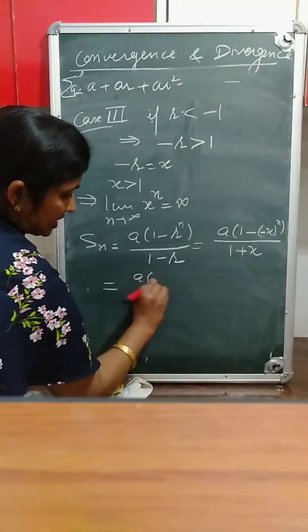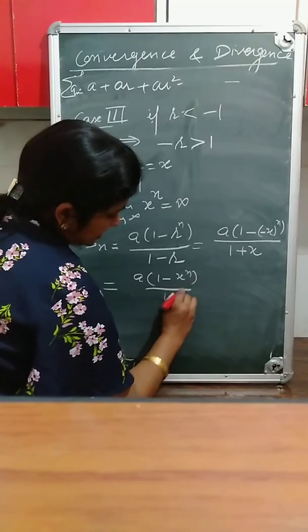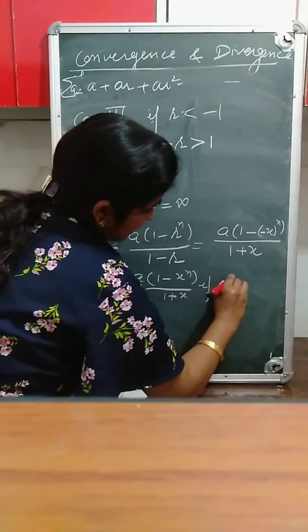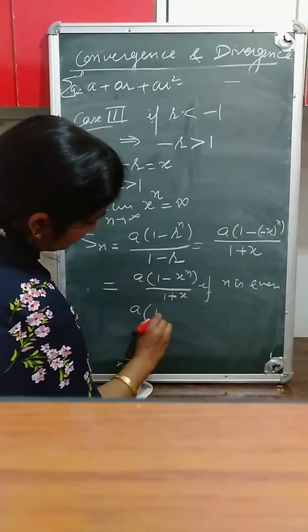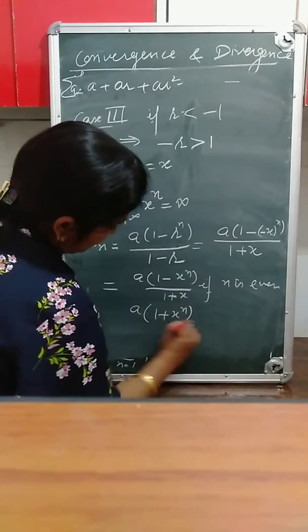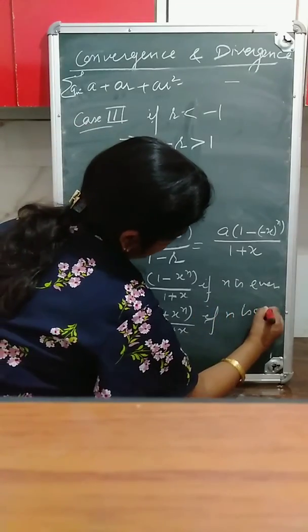So it is a into 1 minus x raised to the power n upon 1 plus x if n is even, and a into 1 plus x raised to the power n upon 1 plus x if n is odd.